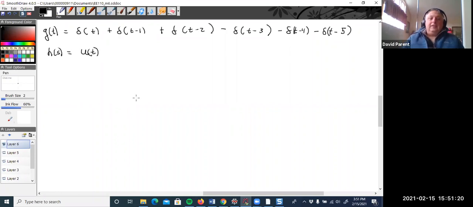okay, so I have 1, 2, 3, 4, 5, 6 delta functions, and I have one step function.